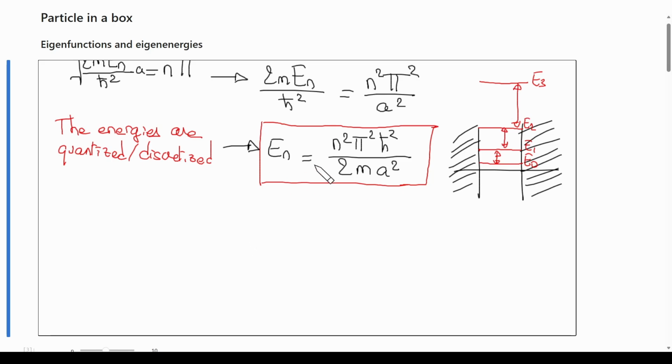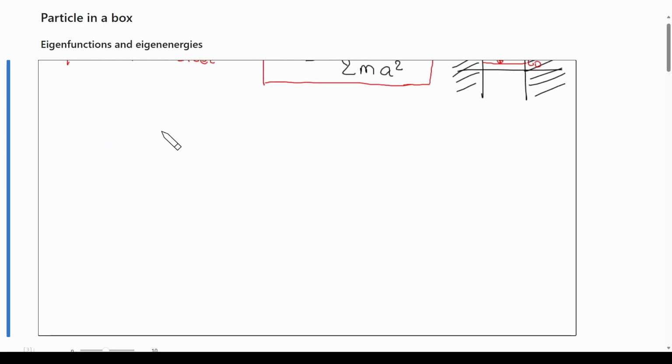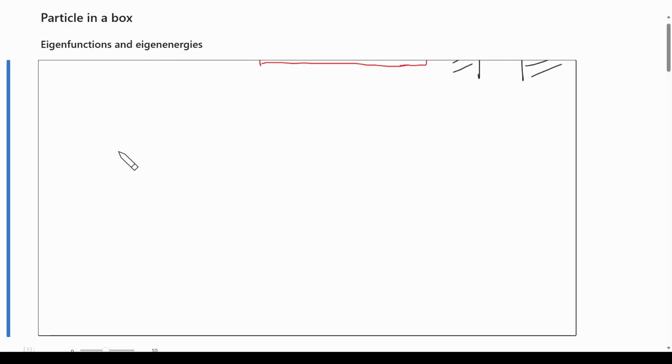So we have these energies, also known as eigenvalues of our problem. We are now looking for the wave functions or the eigenfunctions of our problem. And we already know their expression.